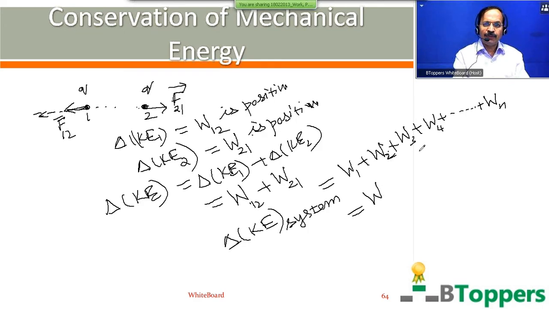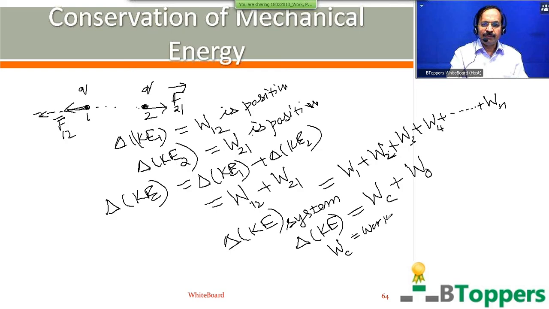You can write this as the work done by the conservative forces on the system plus the work done by other forces. Therefore, the change in the kinetic energy of a system of particles is equal to the total work done by all the forces, including external forces and internal forces. And this total work done can be written as the sum of two terms, WC plus W naught. Here WC represents the total work done by all the conservative forces on the system.